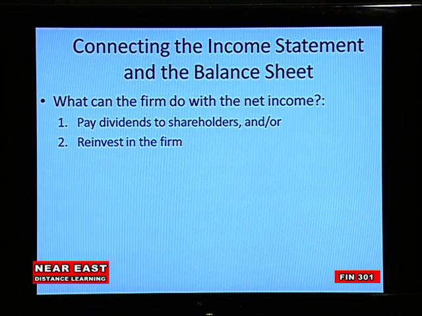For that, what can the firm do with net income? The first option is to pay dividends to shareholders, but not 100 percent, maybe 70 percent, maybe 60 percent. This depends on the dividend policy. The second is to reinvest in the firm, which depends on the cash position and net income.